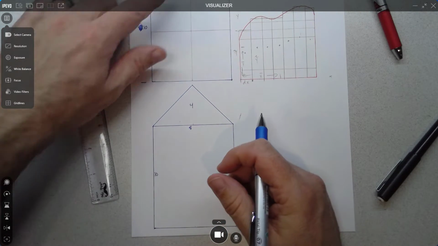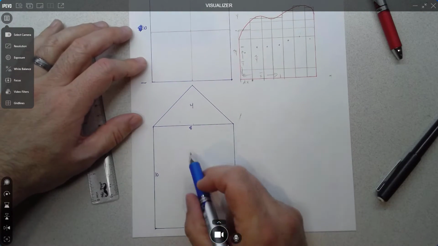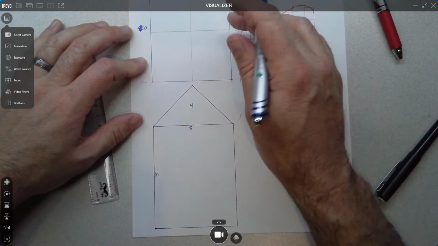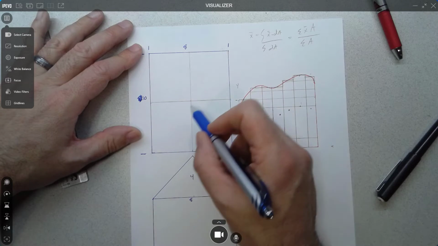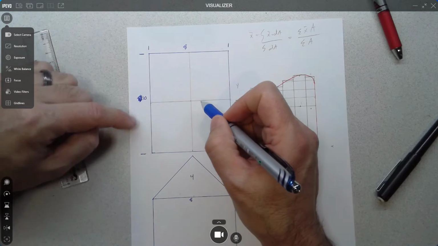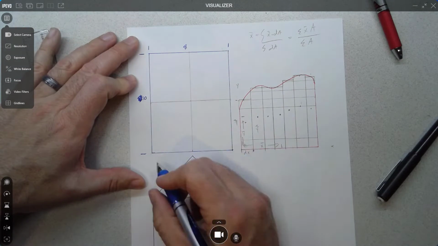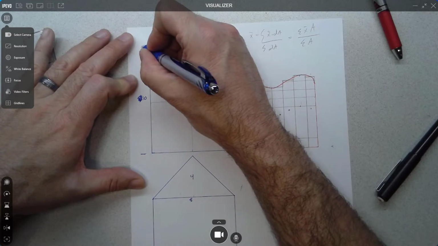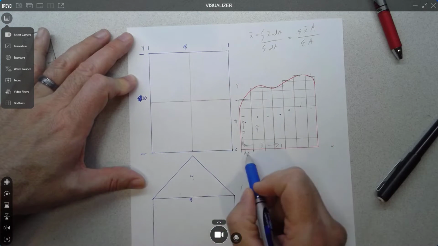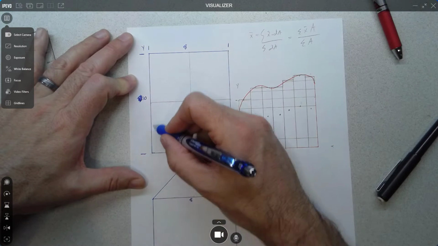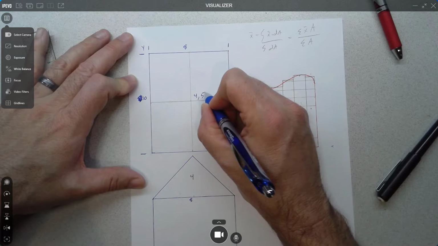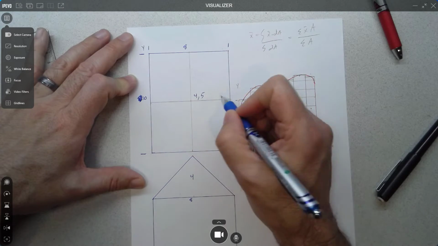Our previous rectangle had a width of 8, this one does 2, and a height of 10. So if we come back up and look at this original one, we didn't actually ever label it, but the centroid for this upper rectangle, the x coordinate, again if we're doing x and y, the x-coordinate for the centroid is half of 8, so it's at 4. And then the vertical component is half of 10, so it's at 4, 5 if we're looking at x and y coordinates.